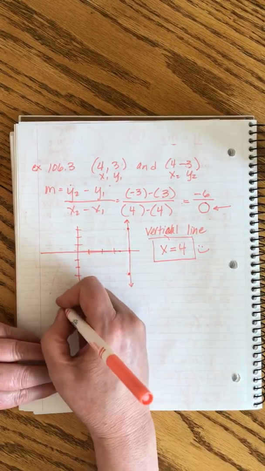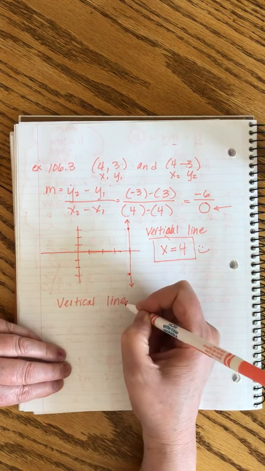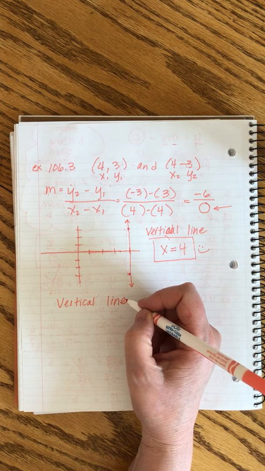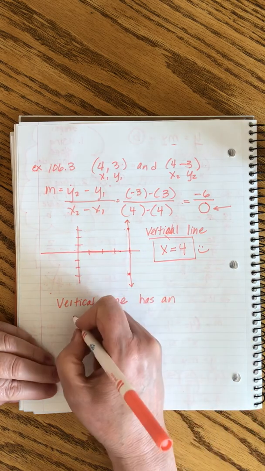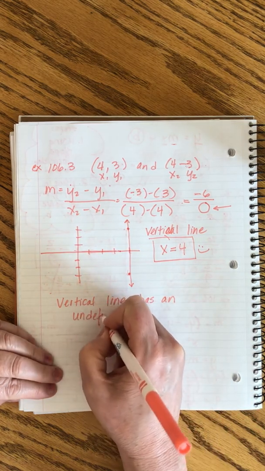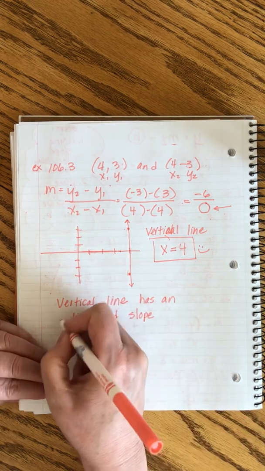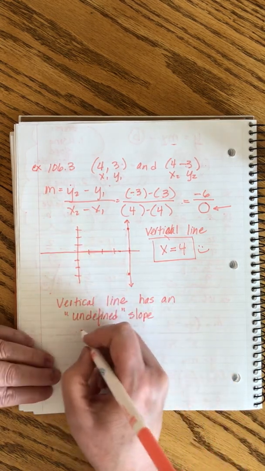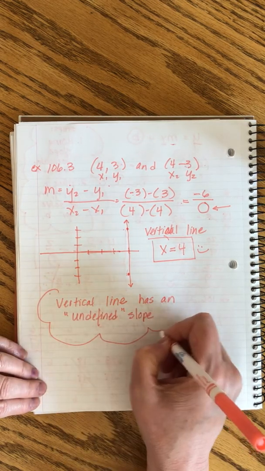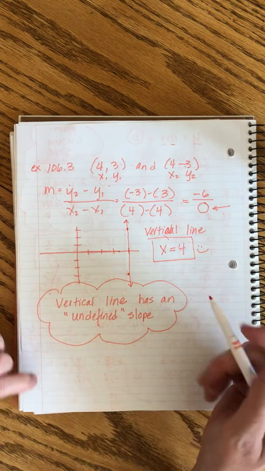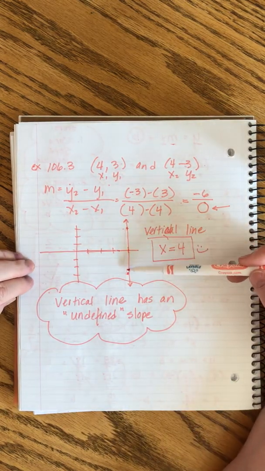Okay, a vertical line has an undefined slope, right?